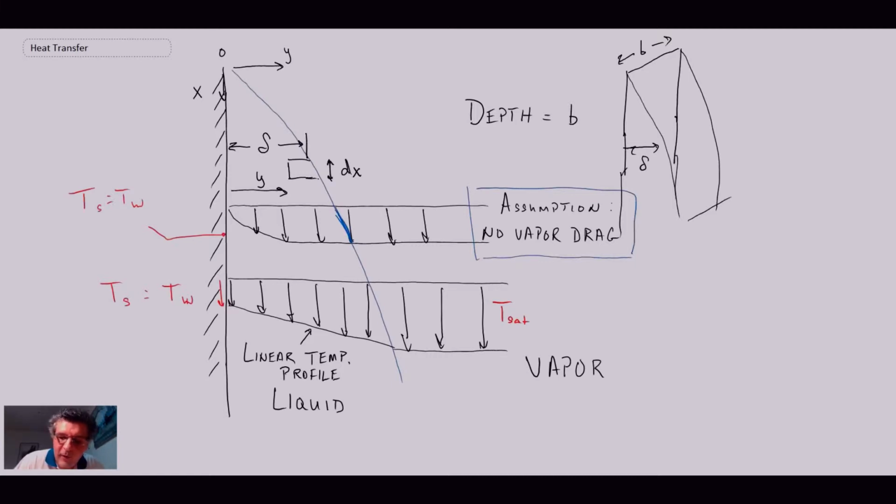Another assumption was that the temperature profile was linear with position, which enabled him to simplify the scenario. Last, he had the no slip boundary condition along the wall, so velocity equals 0 at y equals 0. That was the model that Nusselt came up with in developing an equation.